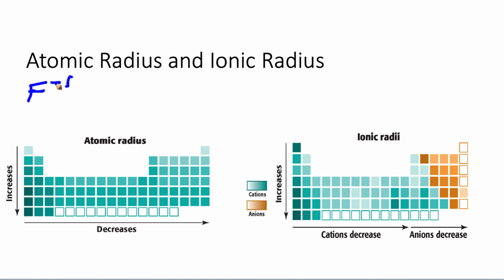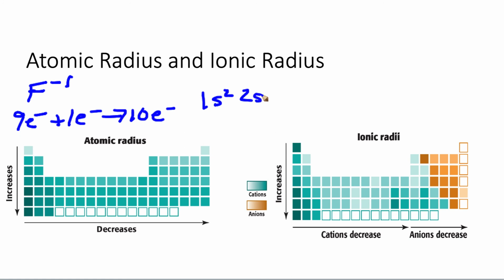In my stable neutral atom, if it was just F, I would have 9 electrons. But since I have this minus 1, I'm actually going to add 1 electron. So I'm going to have 10 electrons in my electron configuration. So it'll be 1s2, 2s2, 2p6.